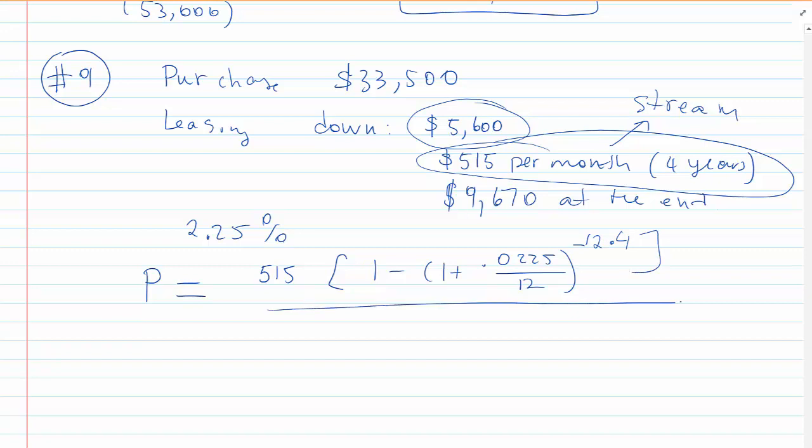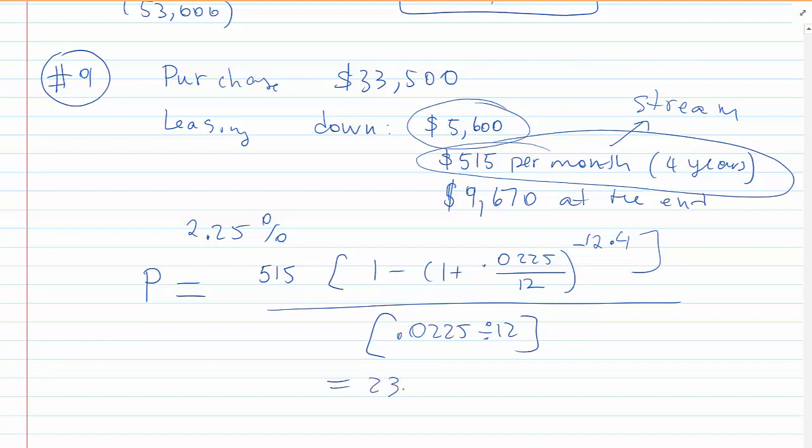Okay, and then we're dividing this whole thing by 0.0225 over 12. Okay, so let's see how much we need to have in the account right now to finance these payments. 1 plus 0.0225 divided by 12 to the power of negative 48, divided by 0.0225 divided by 12, times 515.